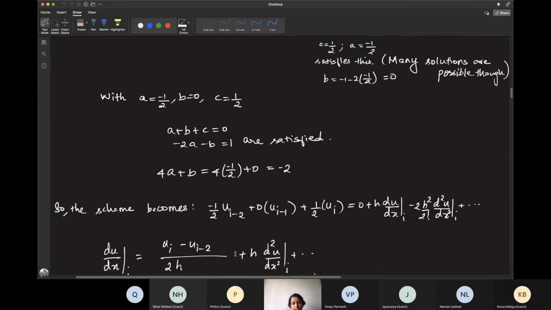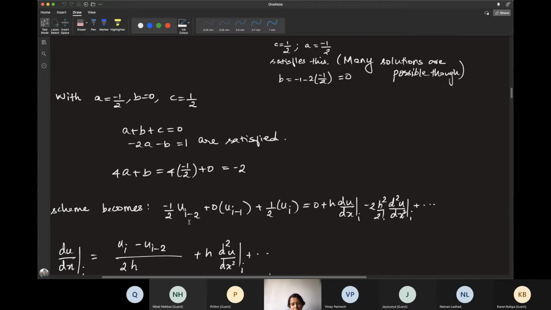So I have substituted the terms over here. That is, a u_{i-2} plus b u_{i-1} plus c u_i equals, for the first term, a plus b plus c goes to 0, so a plus b plus c into u_i goes to 0, and we have minus 2a minus b into h du by dx, that is 1 into h du by dx. So we have something like this.